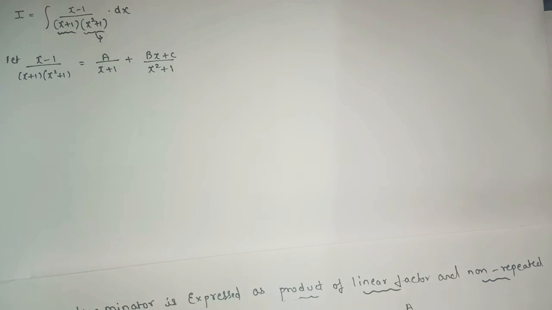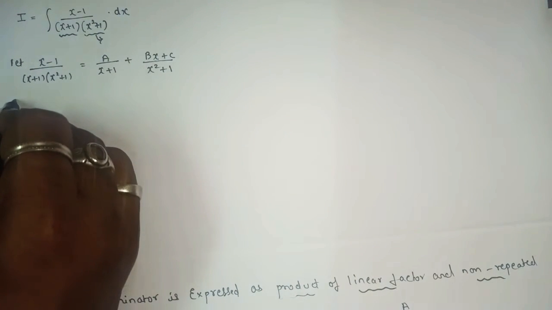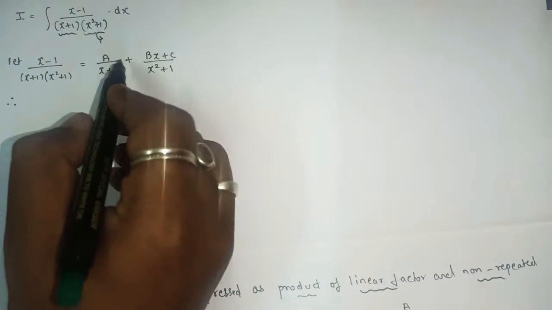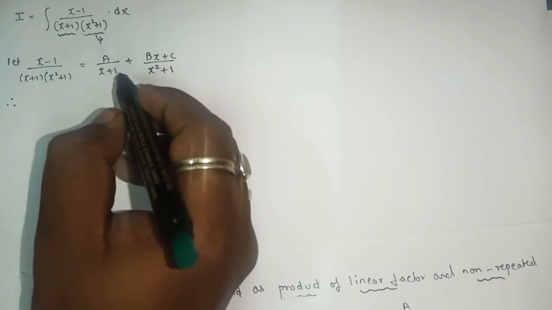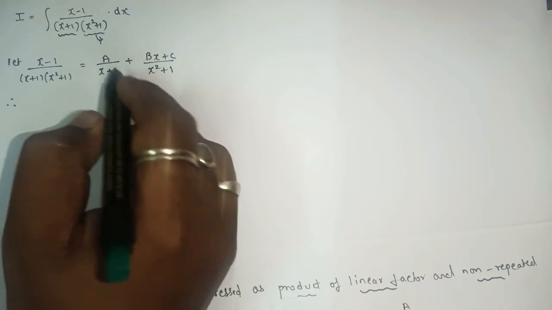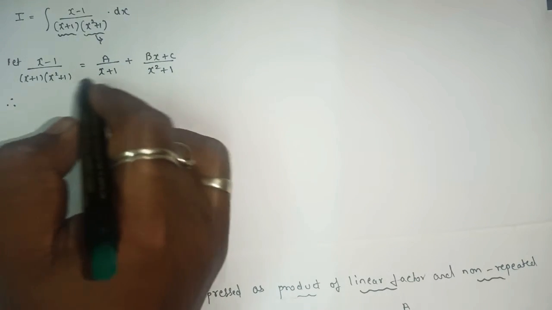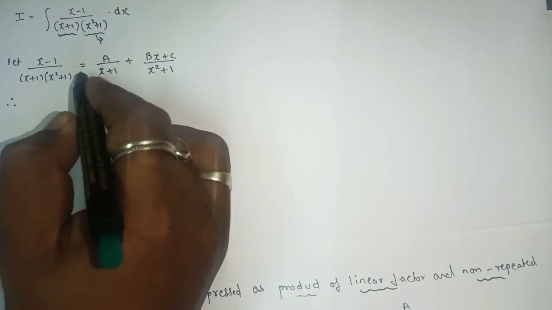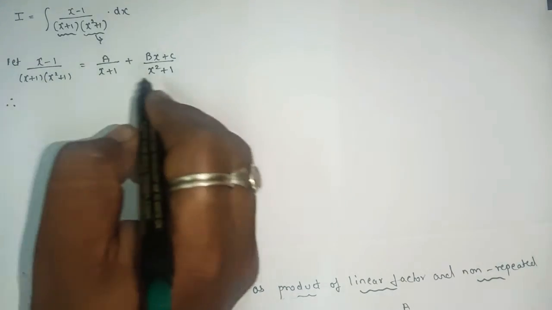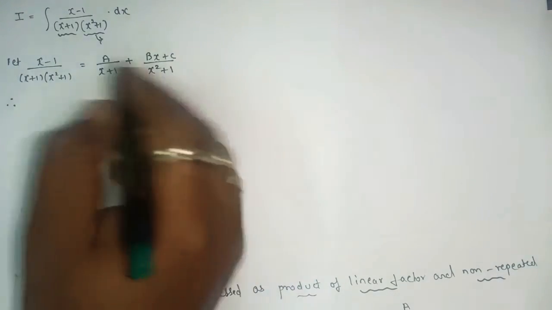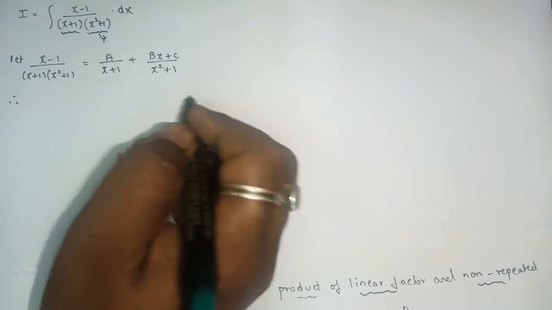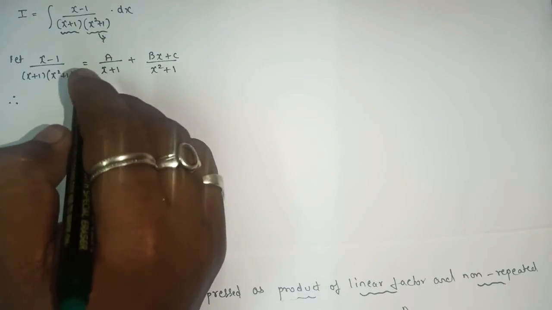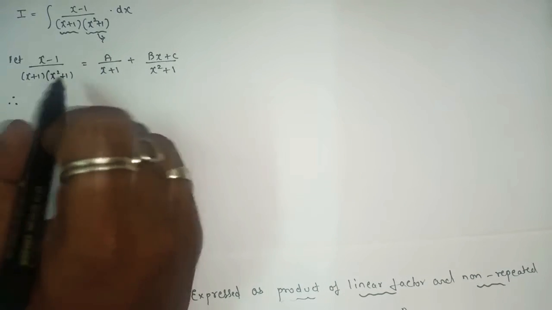Okay, so now we know exactly what we have to do. Simply cross multiply, make the denominator the same. When you cross multiply, clearly the denominator is the same, so we can cancel the denominator. Means try to convert this expression into a straight expression, yes or no. Try to remove this denominator.